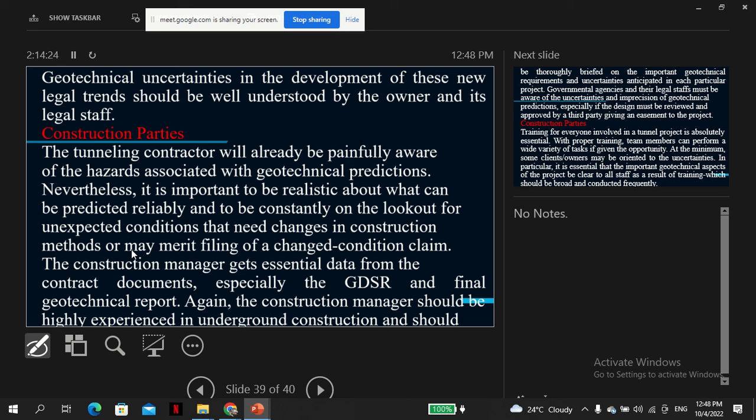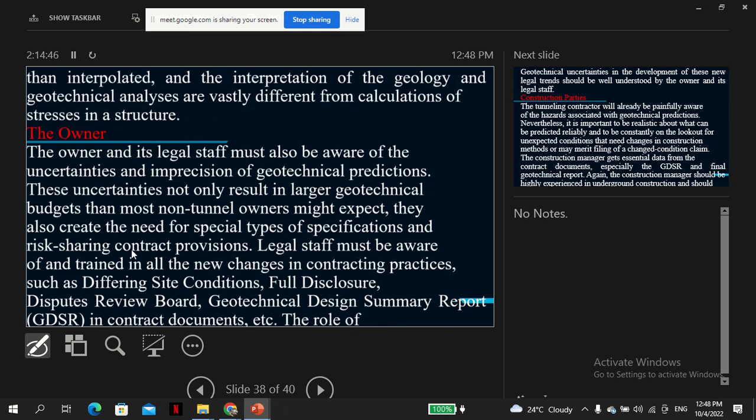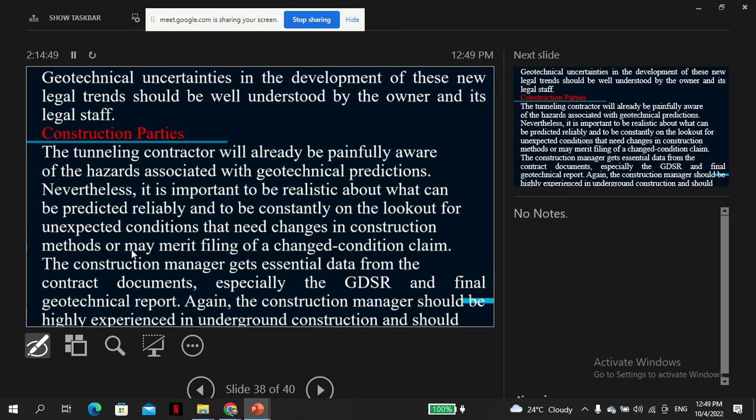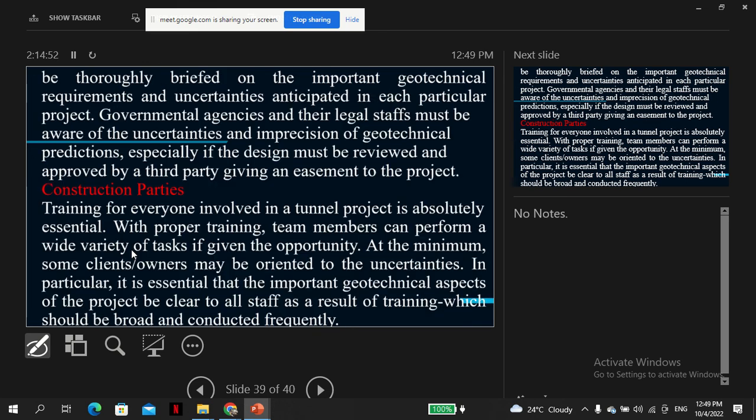And they need to be aware, because otherwise, if they are not aware, then when such issues arise, there's bound to be conflict. The construction manager gets essential data from the contract documents, especially the geotechnical design summary report, GDSR, and the final geotechnical report.